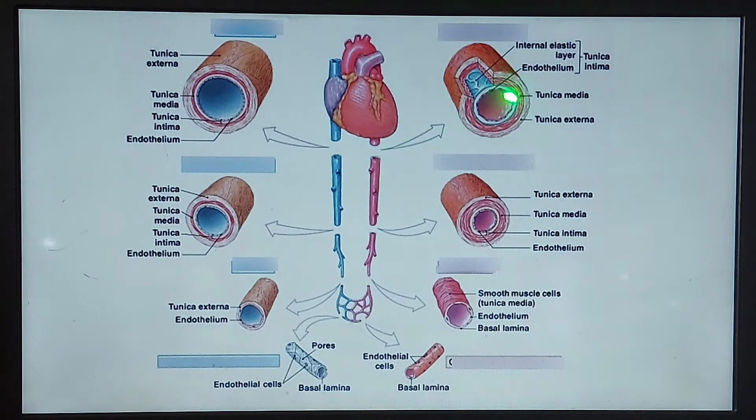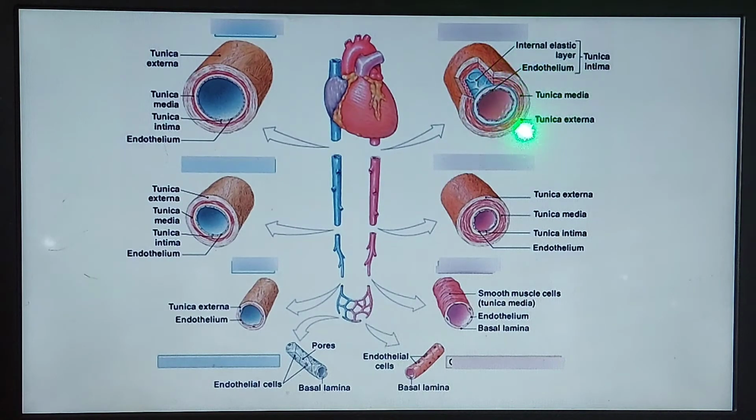In the large arteries, the media is formed by more than 50 layers of muscles surrounding the tunica media. And in this large vessel, the muscle cells are interlinked or embedded with a huge amount of elastic tissue.